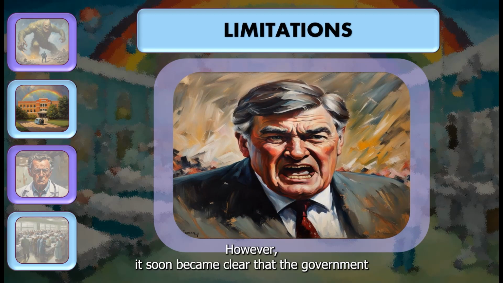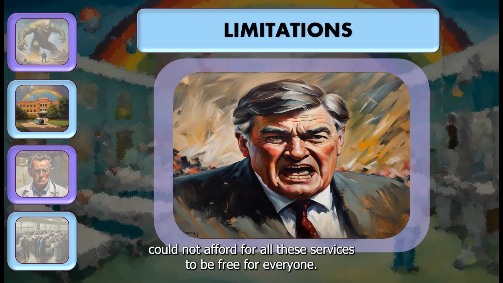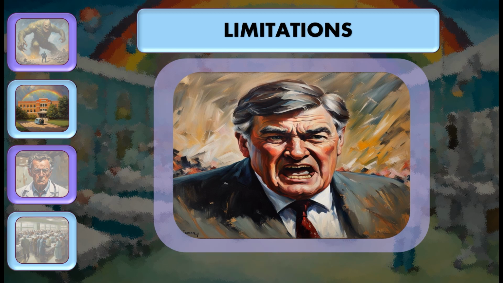However, it soon became clear that the government could not afford for all these services to be free for everyone. In 1951, an Act of Parliament was passed to introduce charges to optician and dental services, and then in 1952 prescriptions were also charged.